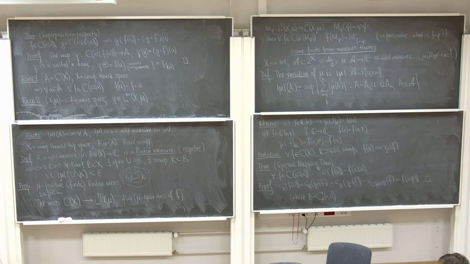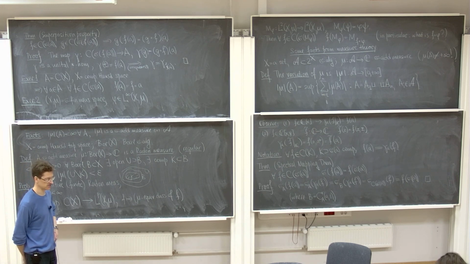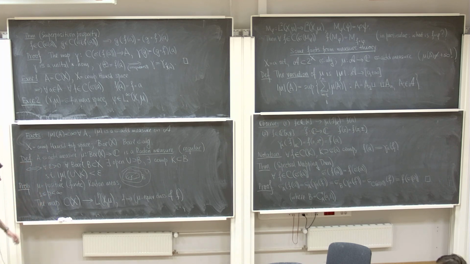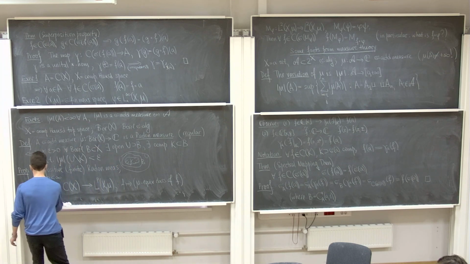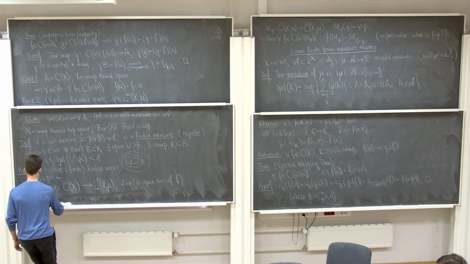And actually, if mu has the property that the measure of each non-empty open set is strictly positive, then this map is injective. But what I claim now is that this map has dense image.